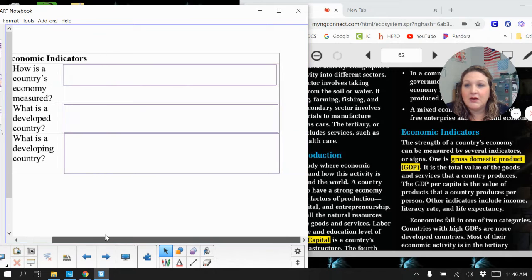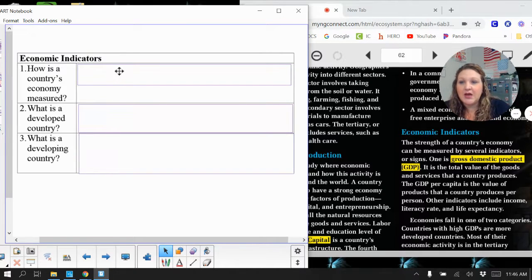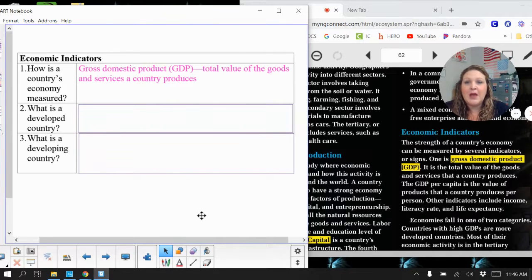And number one, how is a country's economy measured? By gross domestic product, which is GDP, and that means the total value of goods and services a country produces.